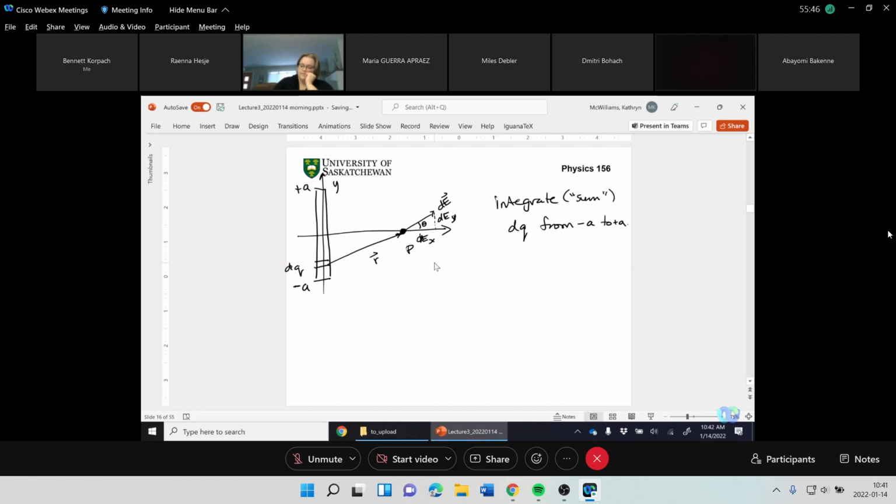So we want to integrate all these little dq's, and that will eventually give us our total charge, linear charge density lambda, or some total charge capital Q or something. So in this particular diagram, we've got a little dx, and it's ke.